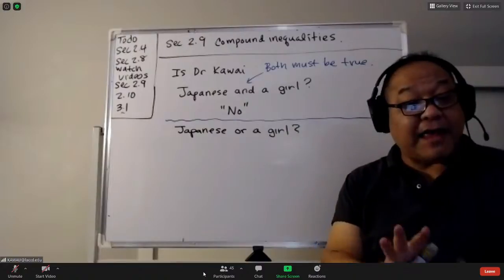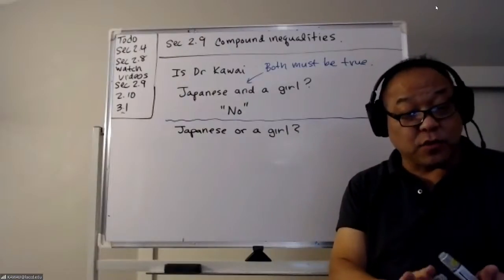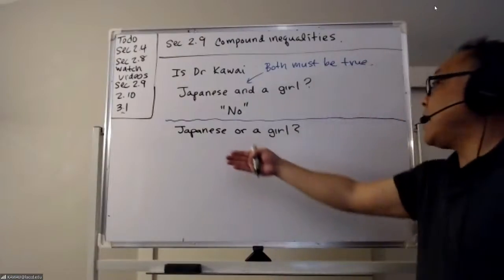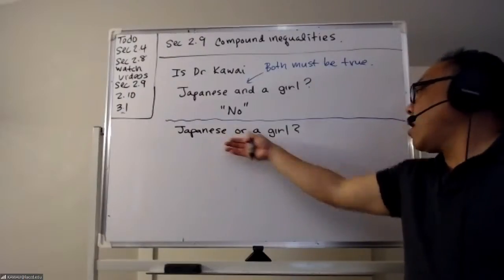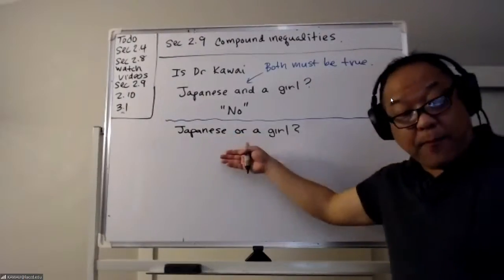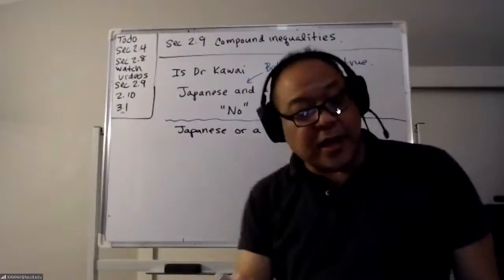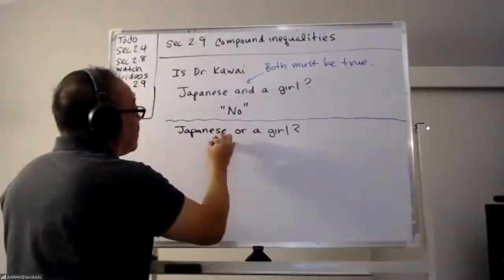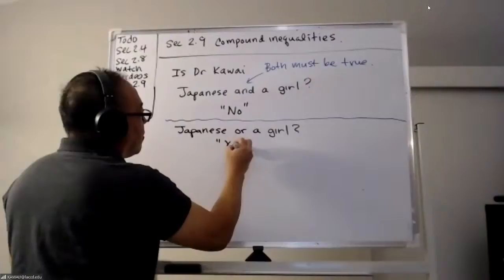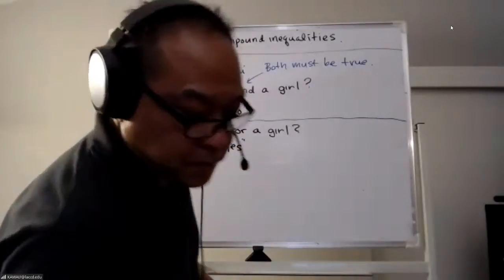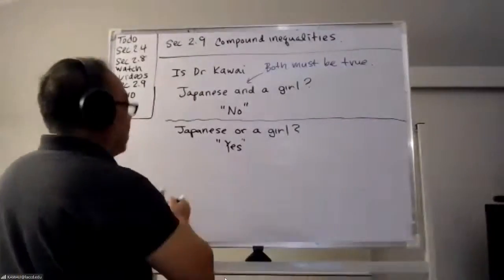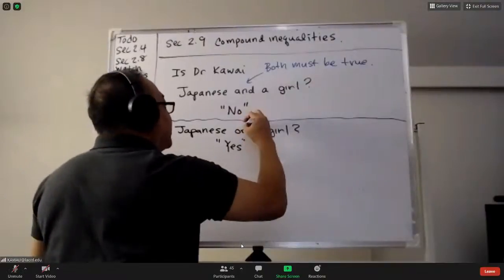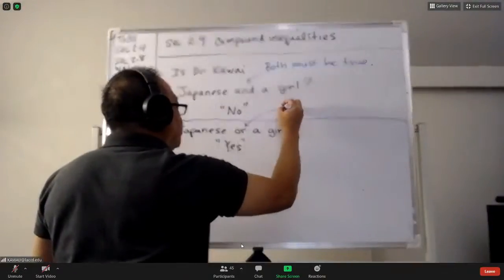Or means at least one has to be true. Either I am Japanese, or I'm a girl, or I'm both. So in this case, it's a yes. Because the idea here is at least one must be true.